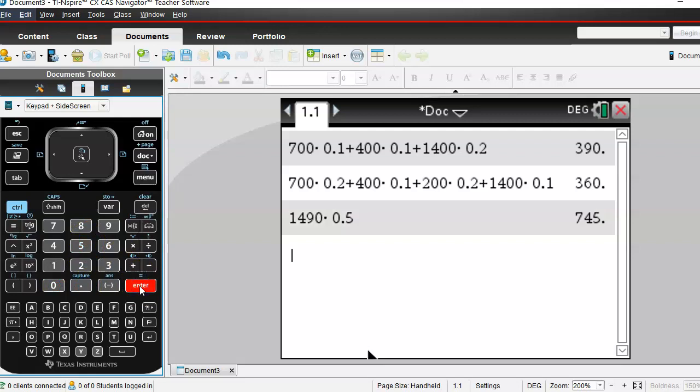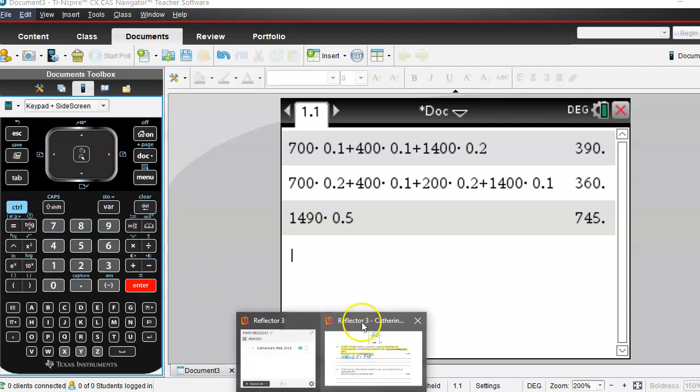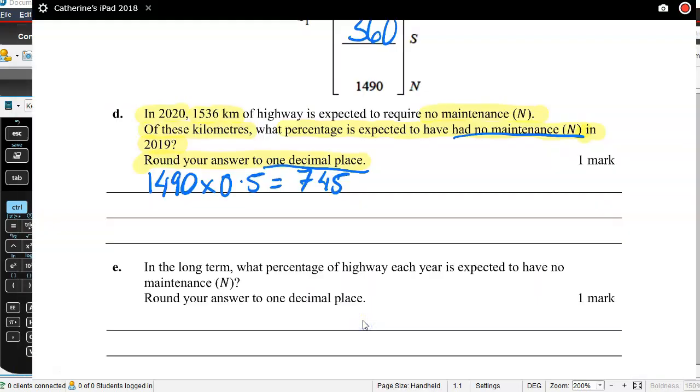So 745 kilometres of the 1,536 kilometres didn't have maintenance in 2019 either.